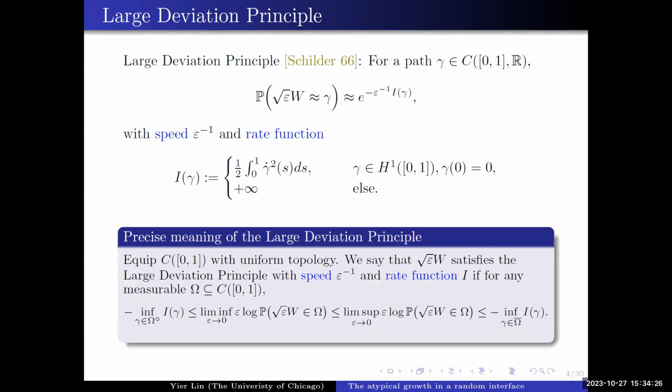The probability that this Brownian trajectory stays around gamma decays exponentially as epsilon goes to 0. There are two terms in the exponent. The first one is 1 over epsilon, and it's called the speed. You can see it goes to infinity. The speed does not depend on which path you choose.